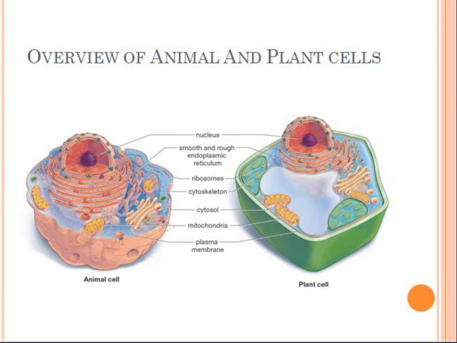This is the cell wall that keeps its shape, whereas the animal cell and plant cell both have a nucleus, smooth endoplasmic reticulum, ribosome, cytoskeleton, and these we are going to discuss in the next video. There are differences also, like animal cells do not have plastids like plants. Animal cells do not have a cell wall like plants.